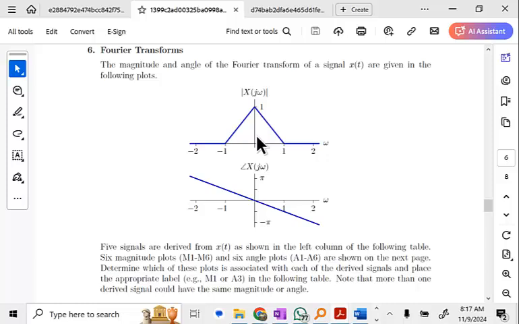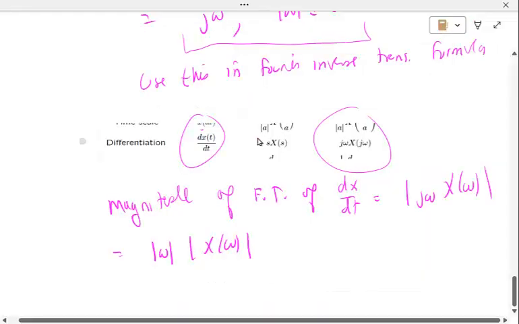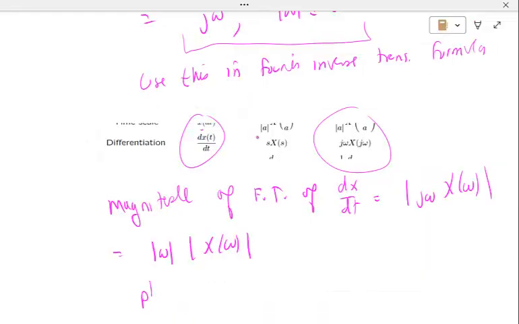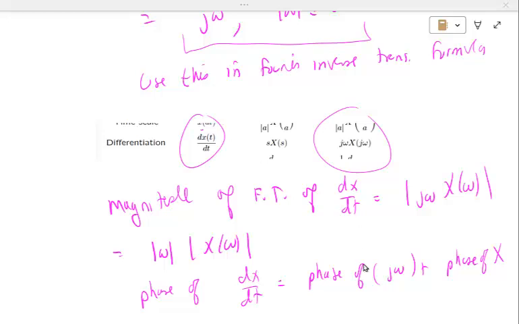Then you have to think about what it does to the phase. So what about the phase? Remember, when you multiply, you add phases. So this is equal to the phase of j omega plus the phase of X. What's the phase of omega? It's 0 when omega is positive, and it's pi when omega is negative, because negative numbers have phase of pi.